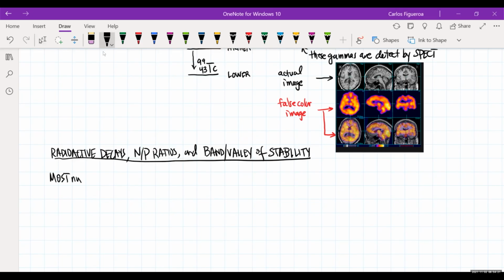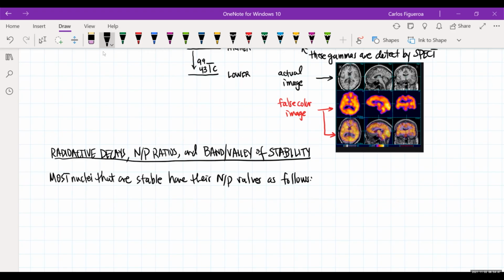Most nuclei that are stable have their NP values as follows. Okay, so we can only go up to lead.